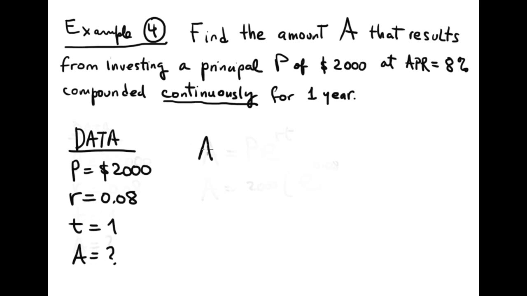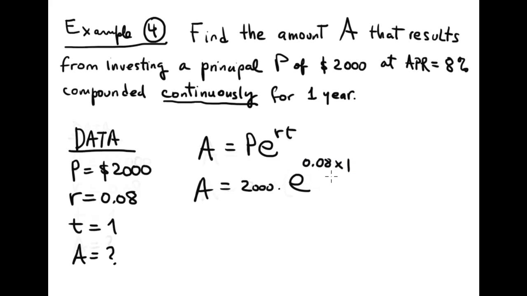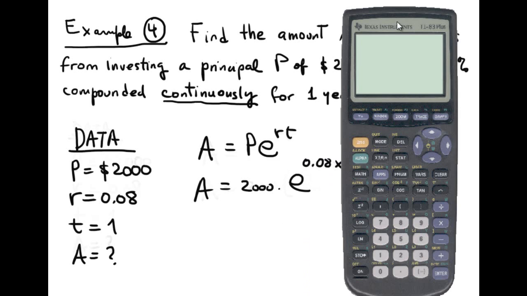The future value is equal to present value times e to the RT. Future value is equal to 2,000 times e raised to 0.08 times 1. Now one more time, use the calculator.